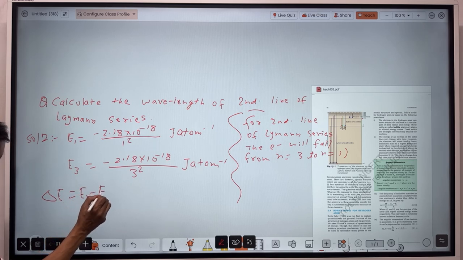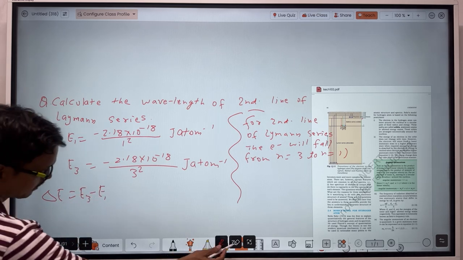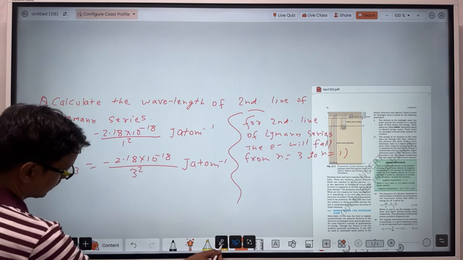The change in energy of the electron, E3 minus E1 or E1 minus E3.